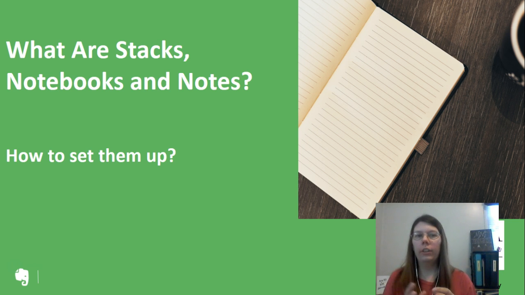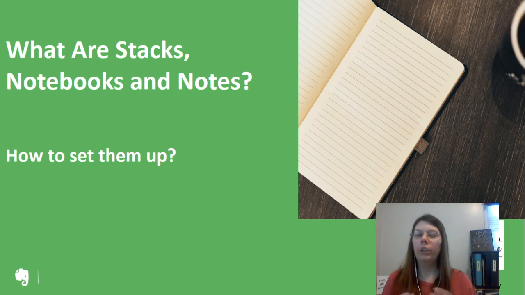It holds everything, all your notes and notes within that stack. Now your notebook within Evernote, that is your dividers. It's all the different categories that are within that stack, or your main project, or whatever it is within that.